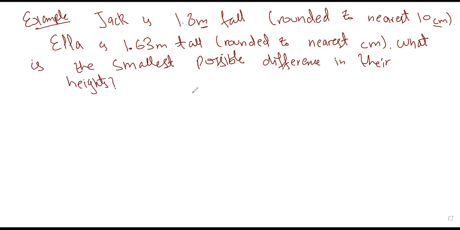Okay. Jack is 1.8 meters tall, rounded to the nearest 10 centimeters. Ella is 1.63 meters tall, rounded to the nearest centimeter.